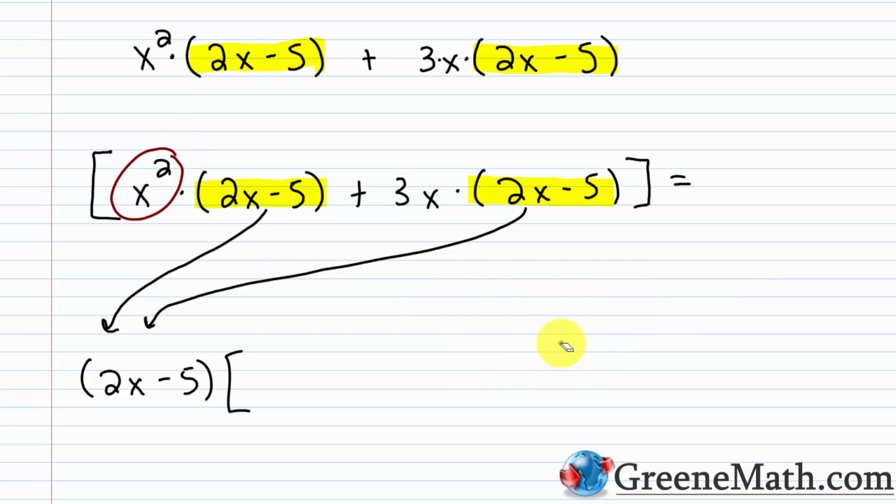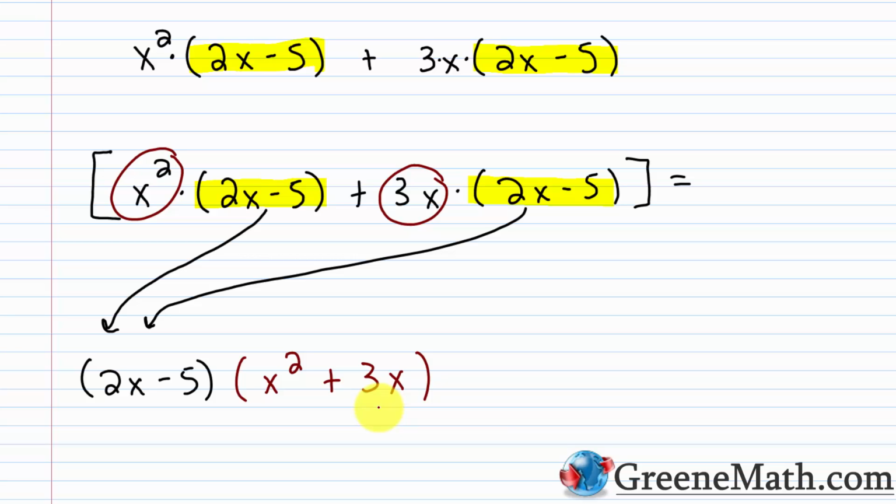Long story short, I'm going to have x squared here, and then plus 3x. Instead of brackets, I could just use parentheses; any grouping symbols will do. What I have is 2x minus 5 times x squared plus 3x.